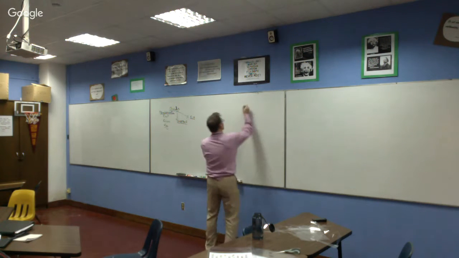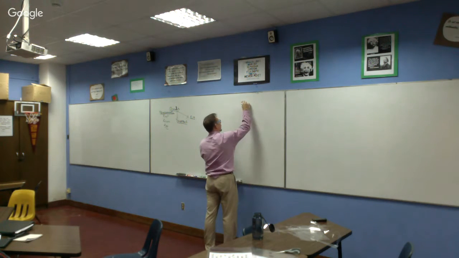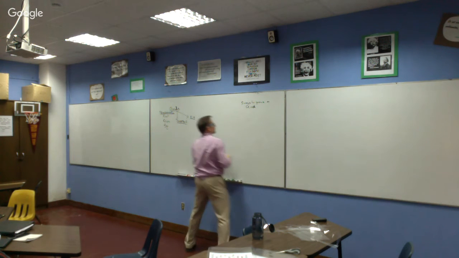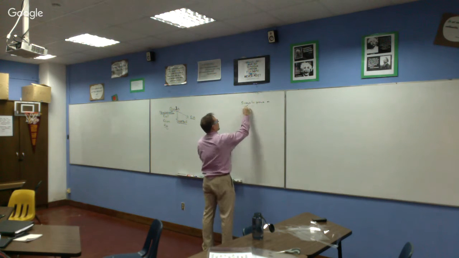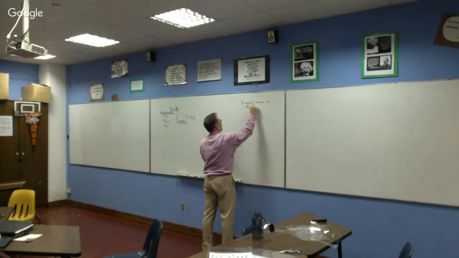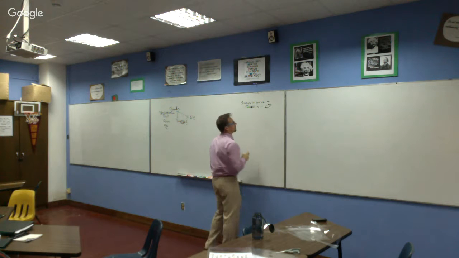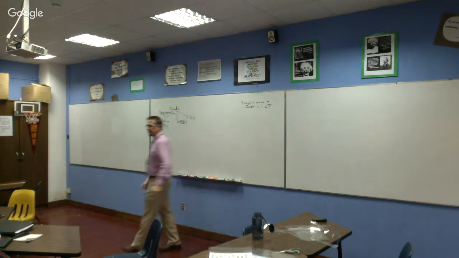So we went through five ways to prove a quadrilateral is a parallelogram. Do you remember all five?